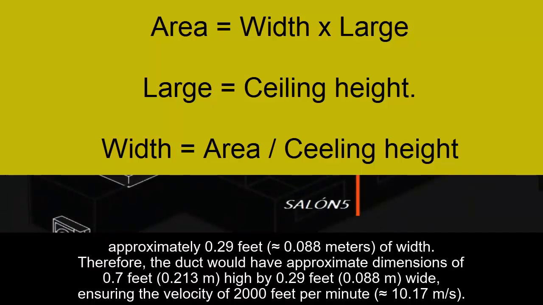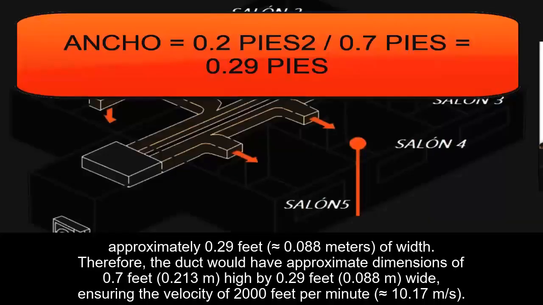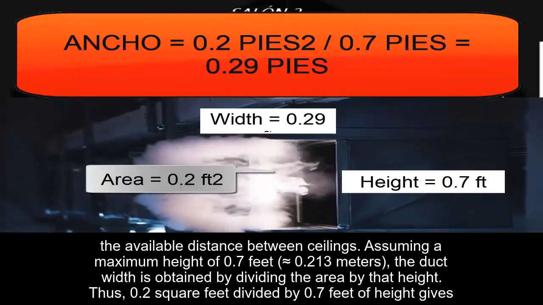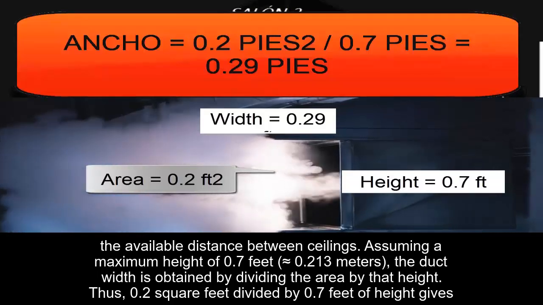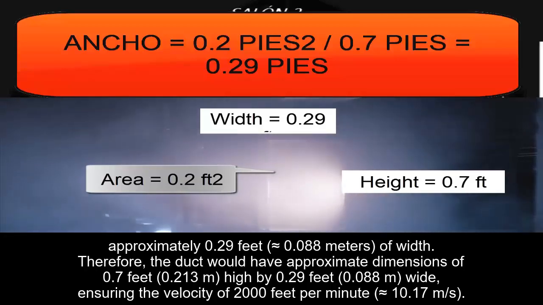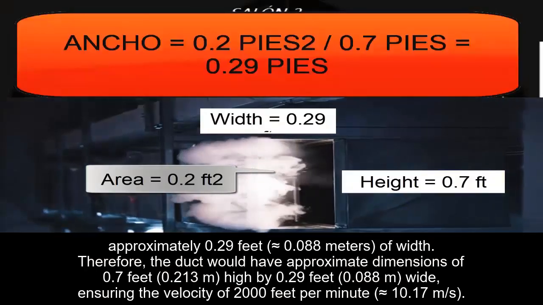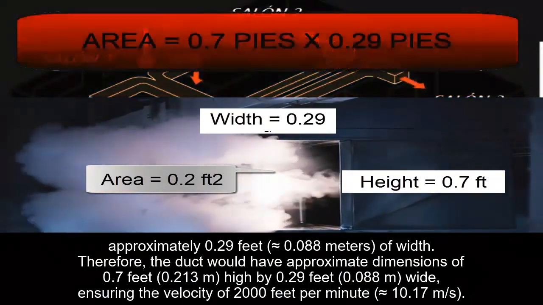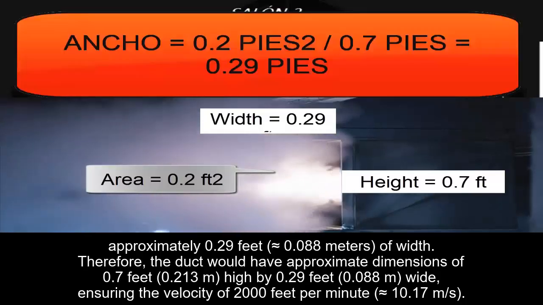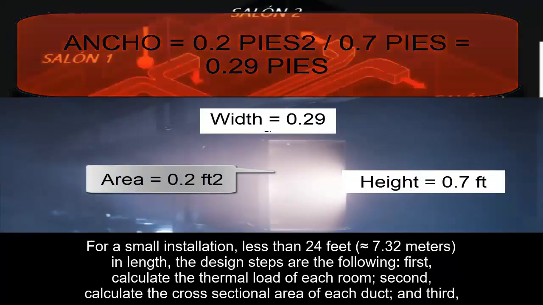Thus, 0.2 square feet divided by 0.7 feet of height gives approximately 0.29 feet, nearly 0.088 meters, of width. Therefore, the duct would have approximate dimensions of 0.7 feet, 0.213 meters, high by 0.29 feet, nearly 0.088 meters, wide, ensuring the velocity of 2,000 feet per minute, nearly 10.17 meters per second.